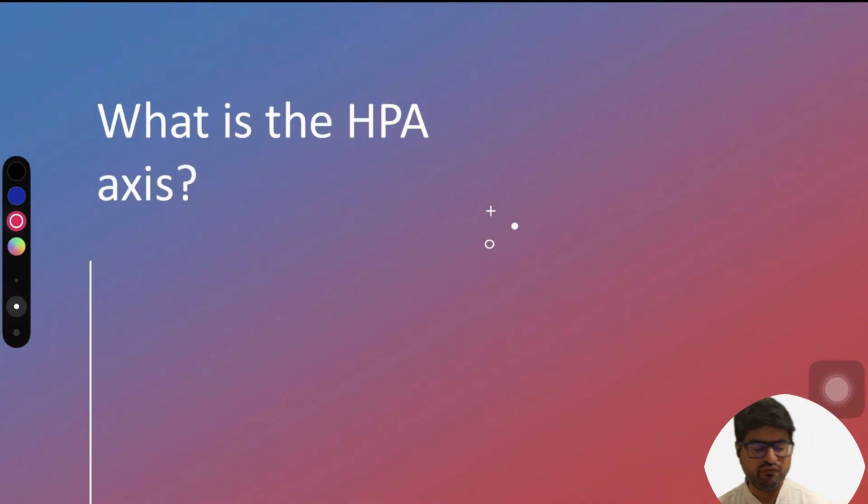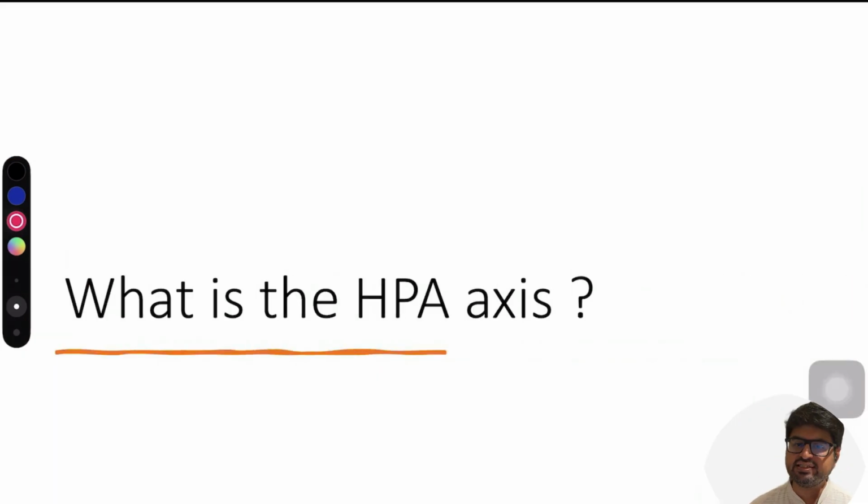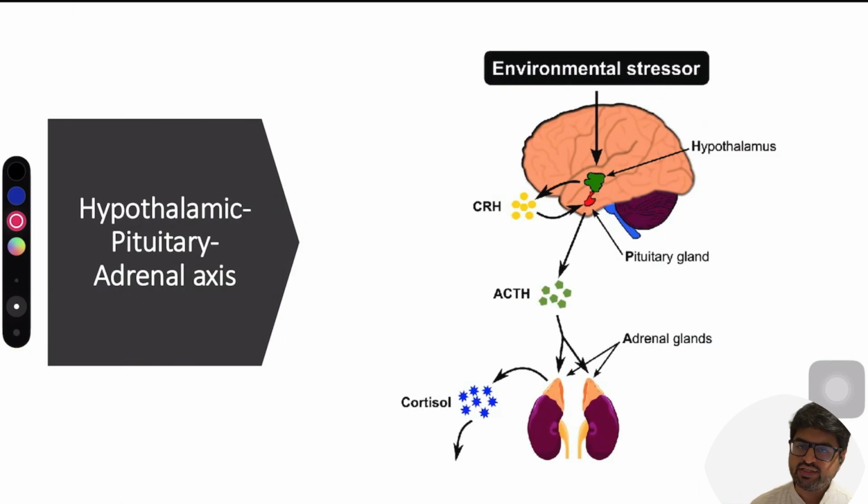So let's start with this very basic concept. What exactly is the hypothalamic-pituitary-adrenal axis? You can see this figure over here, and this is something which I think most of the elite audience does not require any introduction to, but just to reiterate, you have the hypothalamus on the top. The hypothalamus produces CRH.